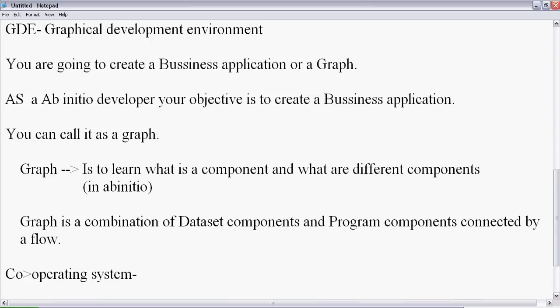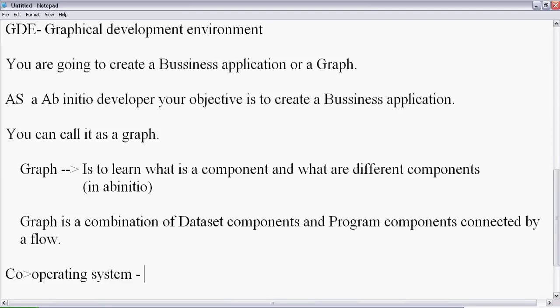If there is no error, it will show you the success color, which is blue. It will use all the resources your system provides, such as RAM, hard drive, and other things. So the cooperating system is all about running your graph. You can see the GDE, but you can't see the cooperating system.